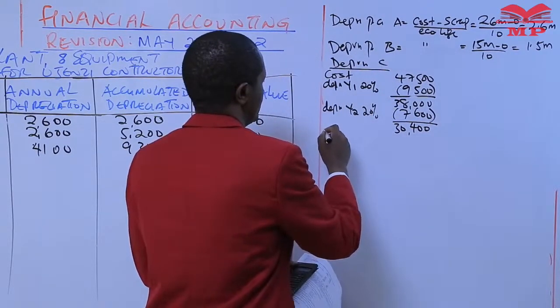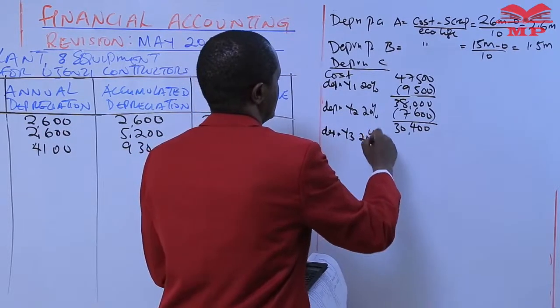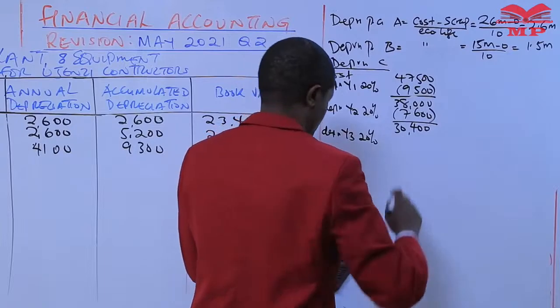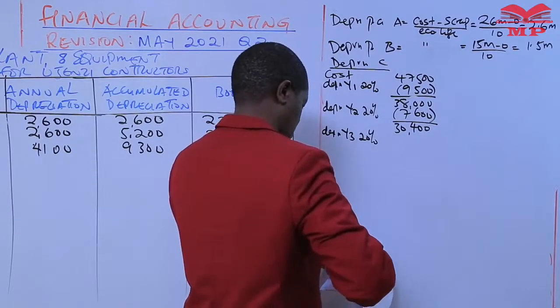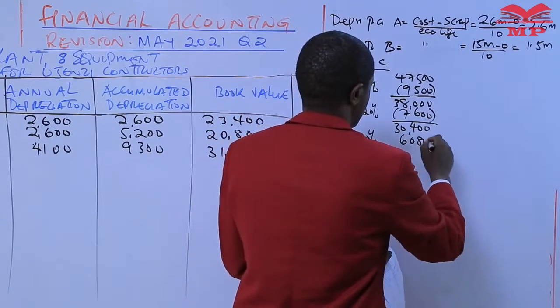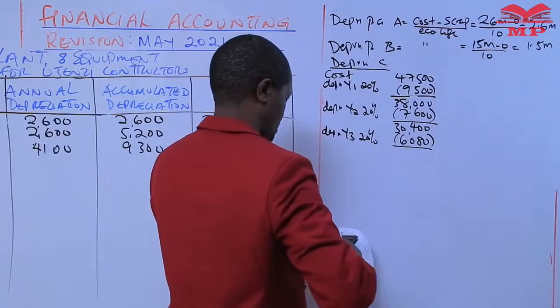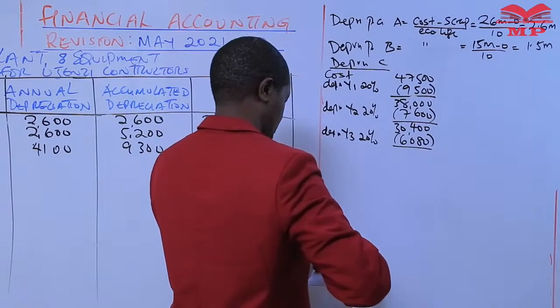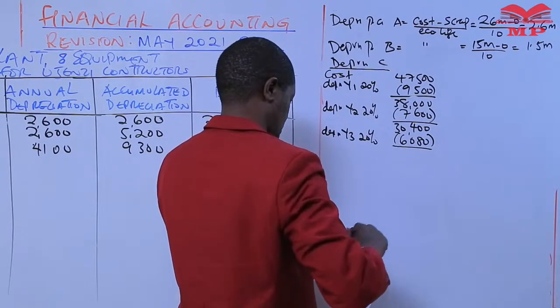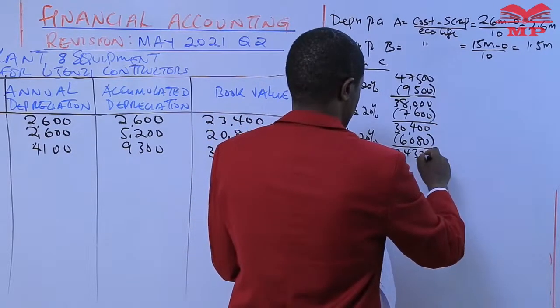Then depreciation year three, again 20% of the net book value. This is 6,080. Deduct to get the net book value: minus 30,400 is 24,320.